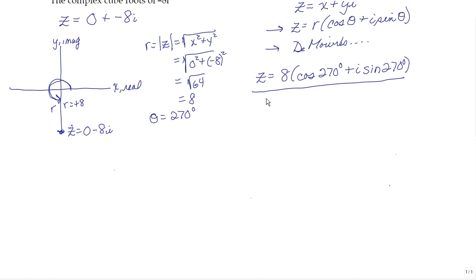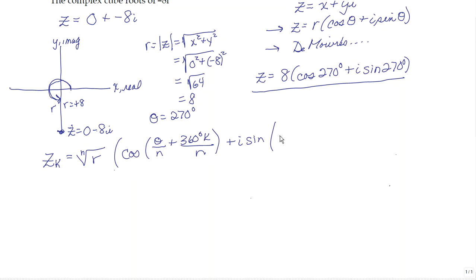So the formula to find roots using de Moivre's theorem is written as follows. We have z sub k is the nth root of r times the cosine of theta over n plus 360 degrees times k over n, plus i times the sine of theta over n plus 360 degrees k over n, and you apply this formula in this case for k equals 0, 1, and 2.